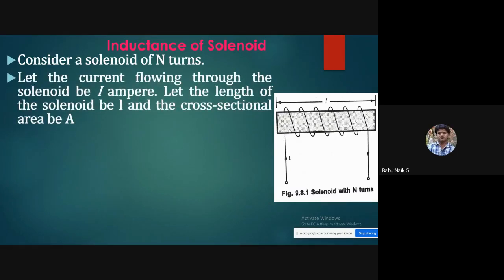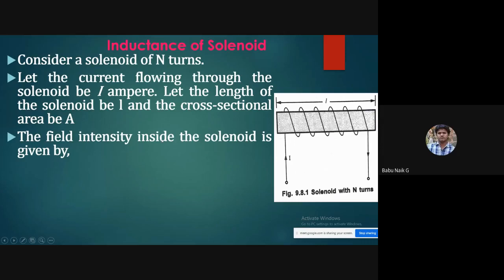Now let us take the cross-sectional area of the solenoid, which we represent as A. Further, you can calculate the magnetic field intensity inside the solenoid, which is given by H = I n / L, where I is the total current flowing, n is the number of turns, and L is the length of the conductor.